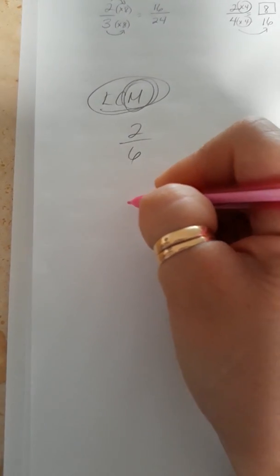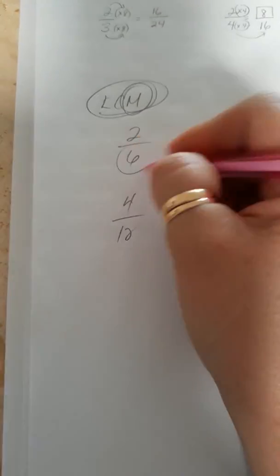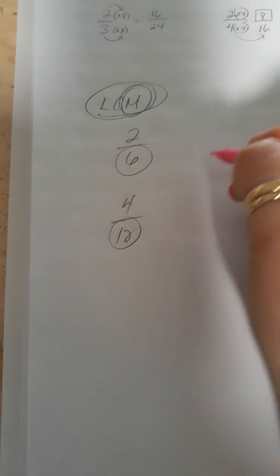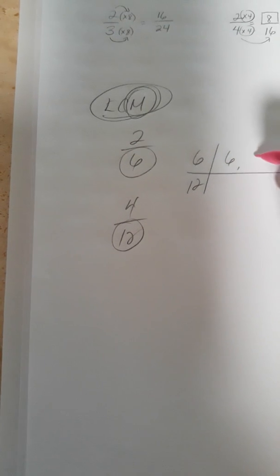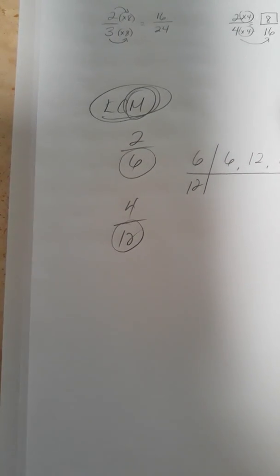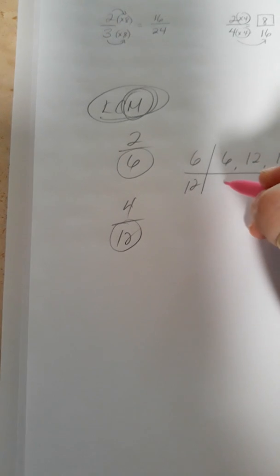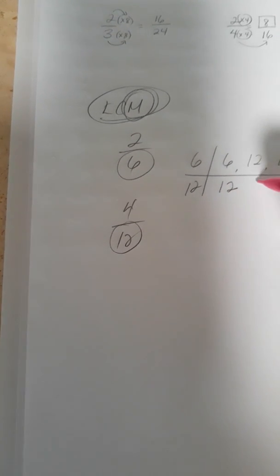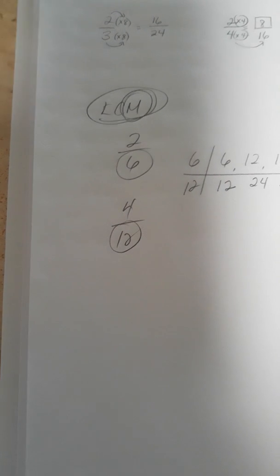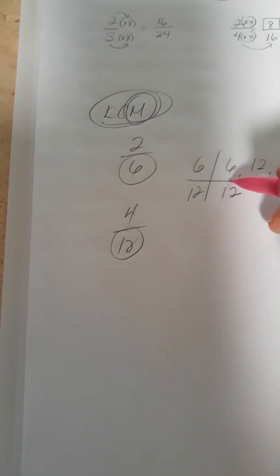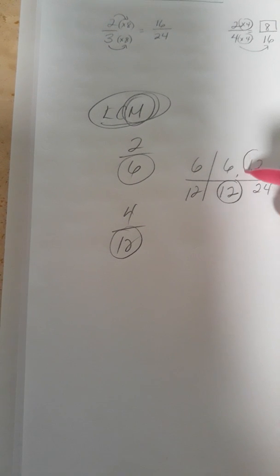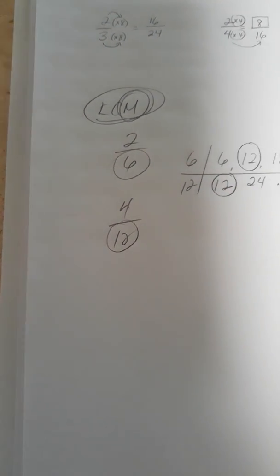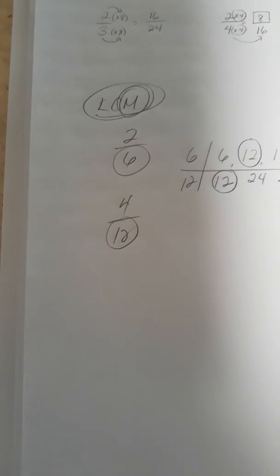So if I say find the least common multiple, and I have here 6 and 12, find the least common multiple for 6 and 12. 6 times 1 is 6. 6 times 2 is 12. 6 times 3 is 18, and so on. 12 times 1 is 12. 12 times 2 is 24, and so on. Once I find the smallest number they share, I do not have to continue writing multiples. This would be 12.